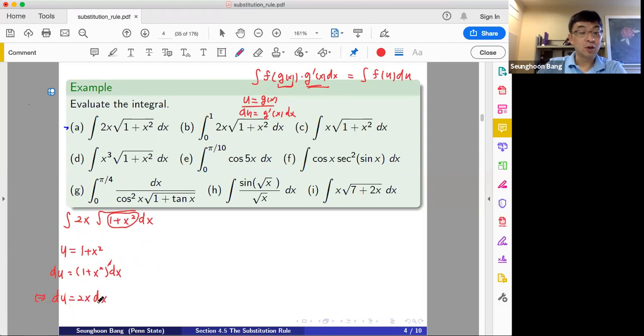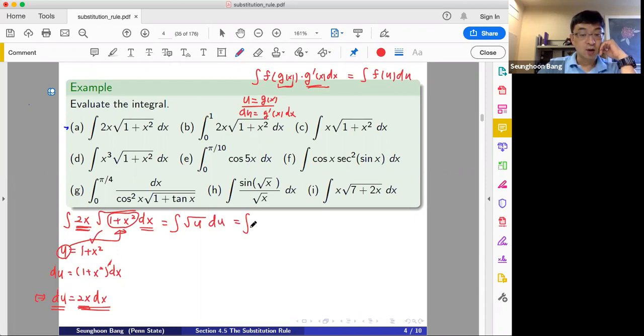What happens? Yes, 2x is the inside one. Good choice. That is the idea for deciding u. Next, you can plug in 1 plus x squared as u. Just square root of u. The 2x dx is here, du. 2x dx is only du. We have a simple form.